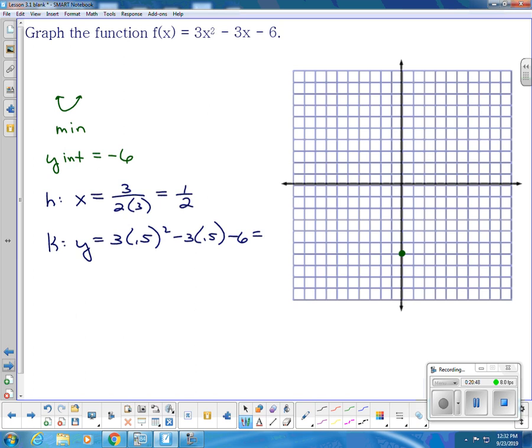I already know this is opening up. So doesn't the vertex... Yeah, we can't tell that. All right. -6.75 is what you get when you plug that in. So our vertex is 0.5, comma, -6.75. So it's somewhere around here.